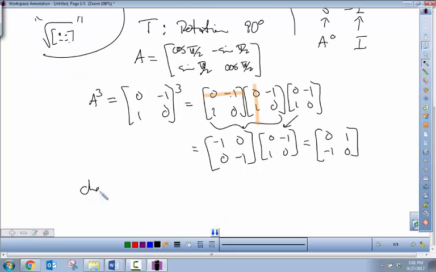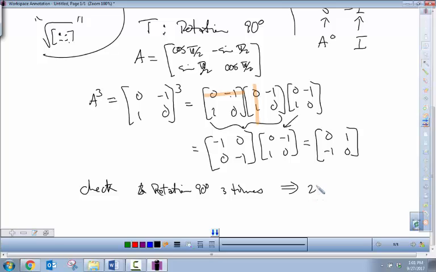Let's check that. 3 rotations, let's rewrite that as rotation of 90 degrees 3 times is equivalent to 90 plus 90 plus 90, 270, yeah, thanks. Is equivalent to a 270 degree rotation, right?